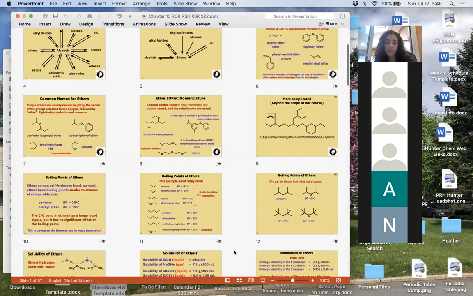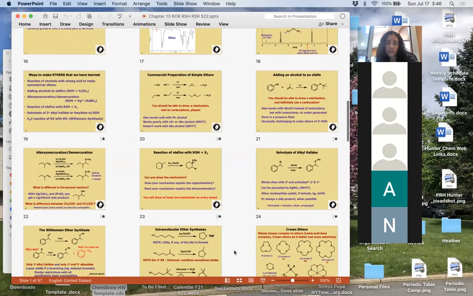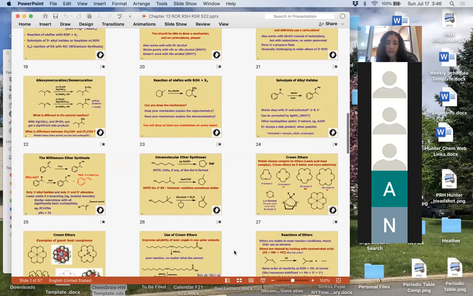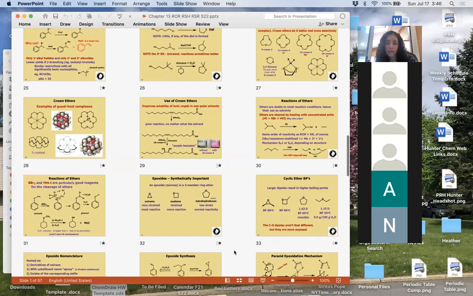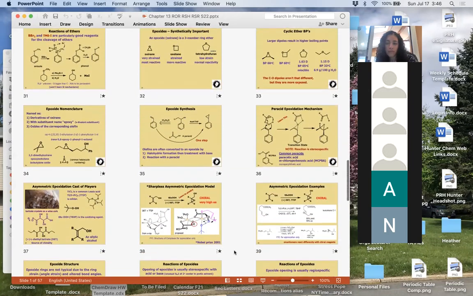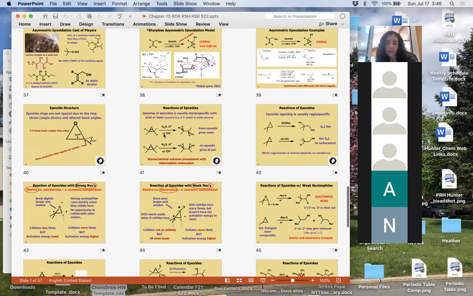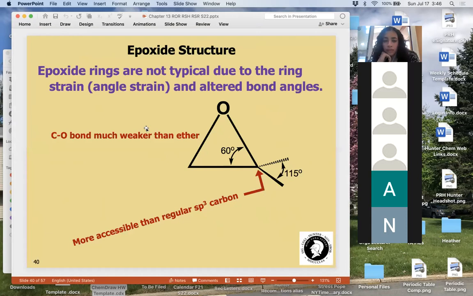Okay, so the ether chapter is kind of a boring one. It's some review. It's a bunch of miscellaneous stuff, but the most important thing in there is epoxides. So here is what you have to know about epoxides.